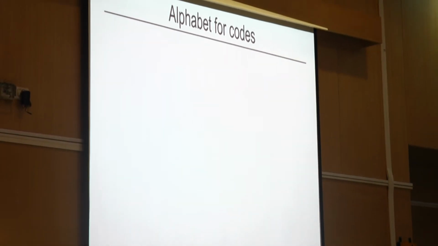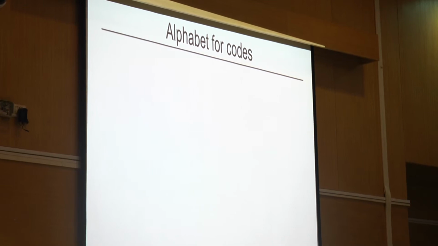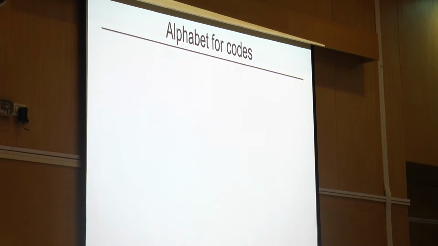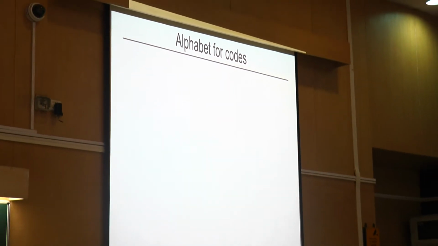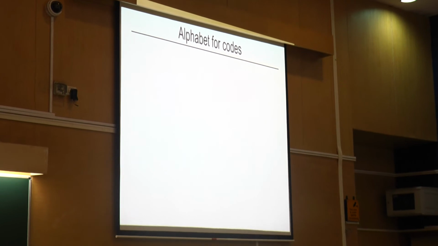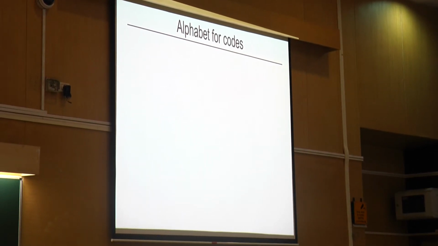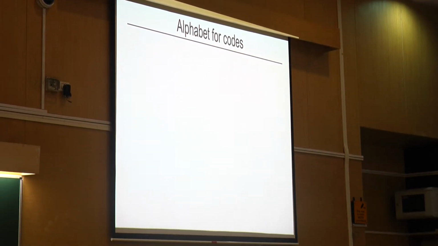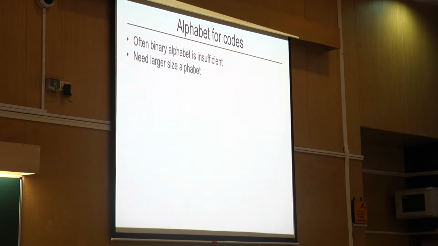Often only a binary alphabet is insufficient. Again, there is beautiful theory behind it, and as I was talking about distance, we will not be able to design codes with certain kinds of properties with respect to distance if we limit ourselves to binary alphabets. So often we need alphabets of larger size. Typically we use finite-sized alphabets, and these are called finite fields.